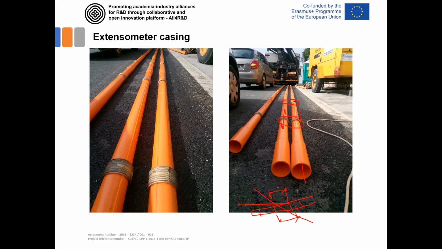The spacing between these two rings is changing because the soil moves, and the rings are connected to the soil by this water cement grouting mixture that links the borehole with the ring.